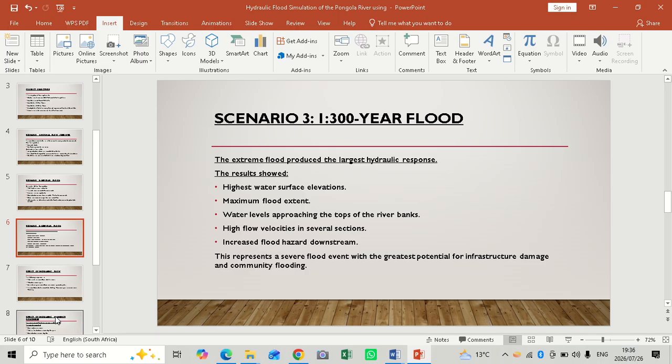The river channel remained stable, but the water surface approached the top of the river banks at several locations. This scenario represents the highest flood risk and demonstrates the importance of designing hydraulic structures that can safely withstand extreme flooding events.